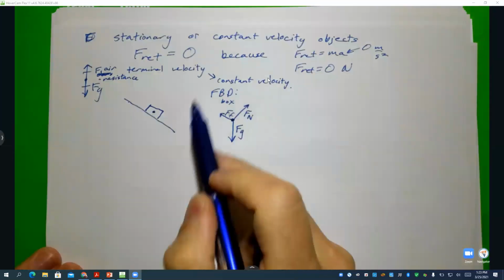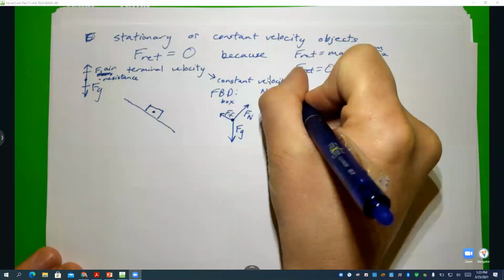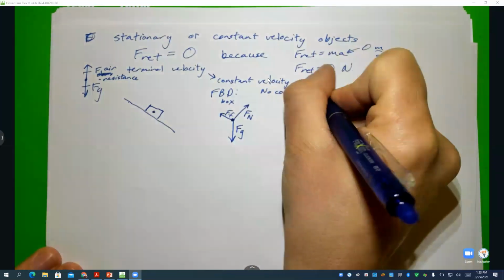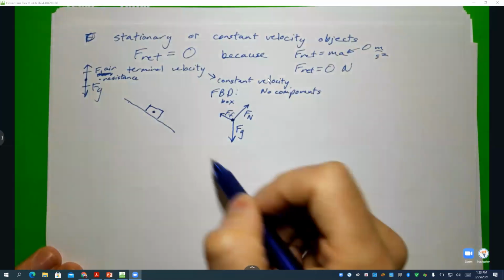Usually they say do not draw components, but it's just good practice. If they just ask you to draw a free body diagram, this is how you should do it.